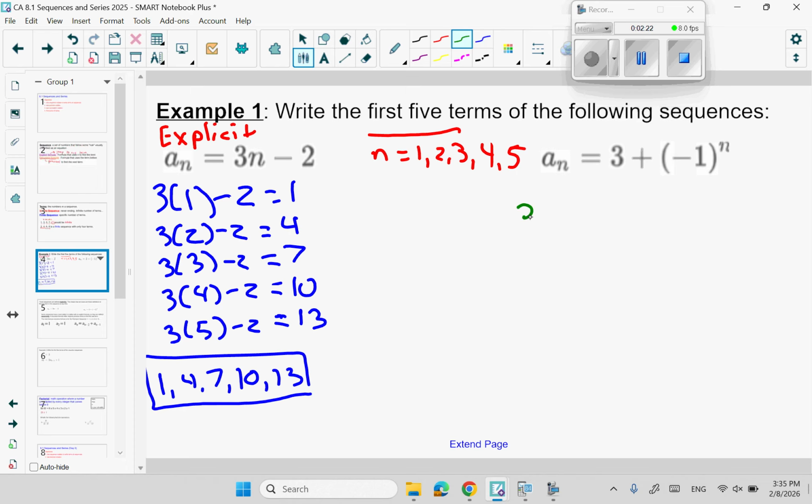Over here, same idea. 3 plus negative 1 to the power of 1. Negative 1 to the power of 1 is negative 1, plus 3 is 2. Then 3 plus negative 1 to the power of 2. Negative 1 squared is 1, plus 3 is 4. Negative 1 to the power of 3 is negative 1, plus 3 is 2.